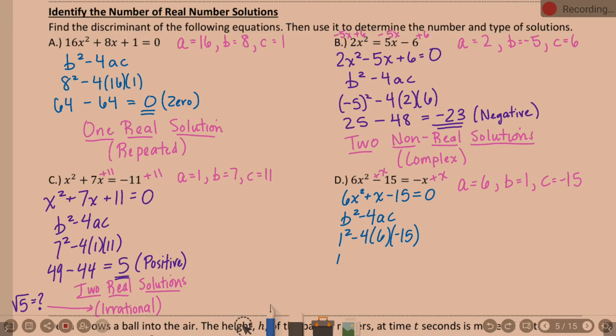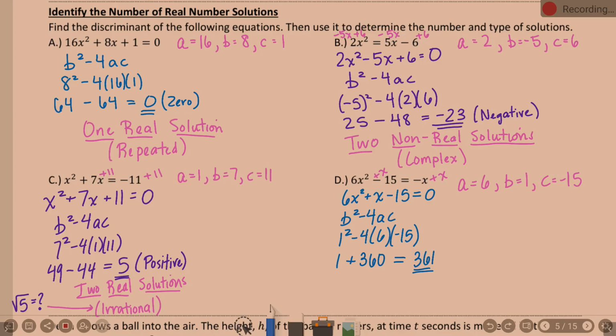So 1, I got that easy. 4 times 6 is 24, times 15 is some number I don't know. Looks like 360. I see a minus times a negative, which means this is going to be plus 360. 1 plus 360 is 361. What do we know about 361 in reference to the discriminant?